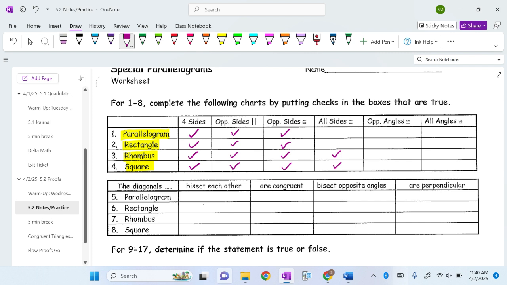Okay, I see kind of a mixed reaction here. So, which shapes are kind of holding you guys up on that fact? For the ones that said no, which shape is telling you that the opposite angles are not congruent?